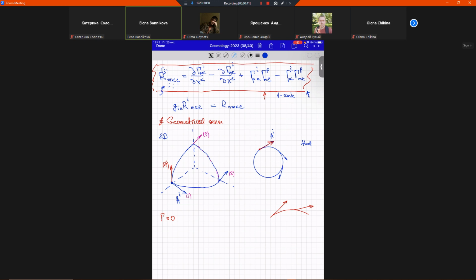And we understand why, because as you can see from this picture, when we go around the closed contour, the vector will not come back in the same position and with the same orientation. So this tells us exactly the information about the curvature of the space.